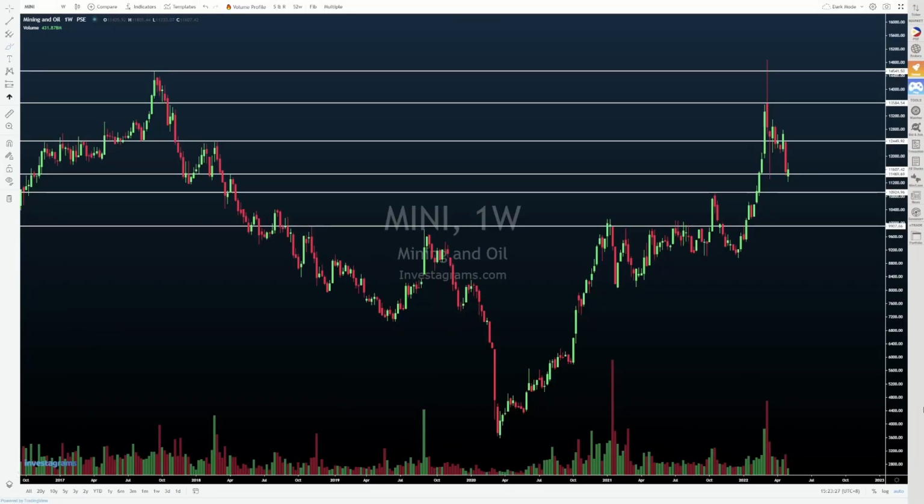And then finally, tignan po natin yung mining, no? Now, tong mining, again, we were ranging here the last time we looked at it. Last week, we broke beneath the bottom end of the range, came back and tested yung support level natin dito around 11,400. Nagkaroon tayo ng slight reaction this week, nagkaroon ng konting bounce, but honestly, that's not a lot, no?